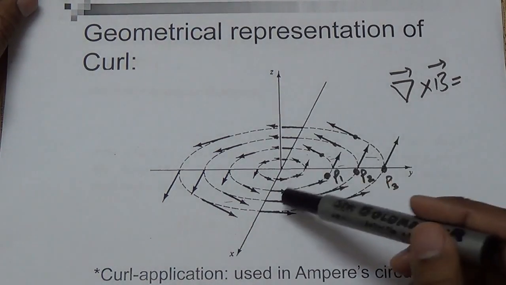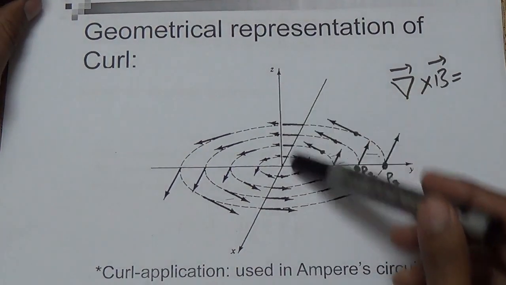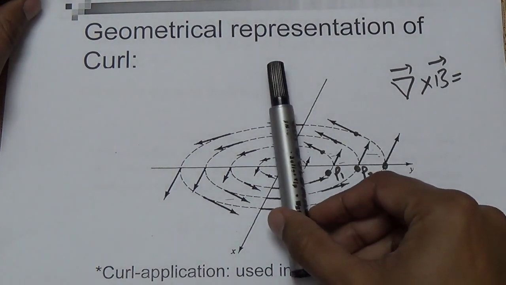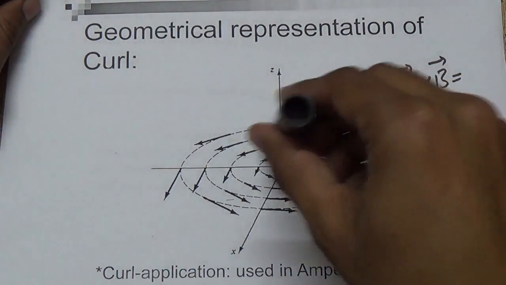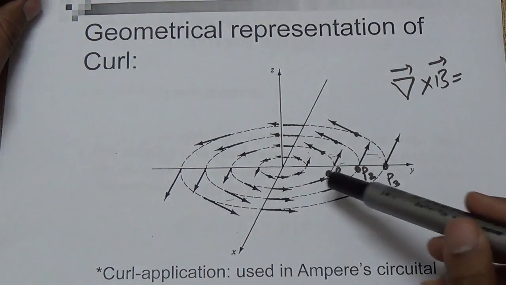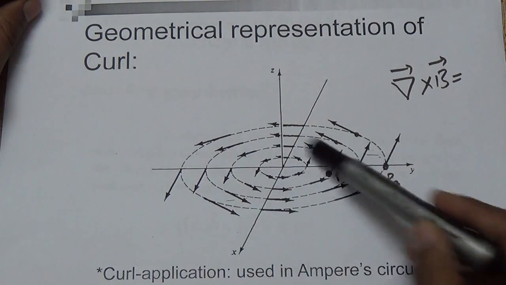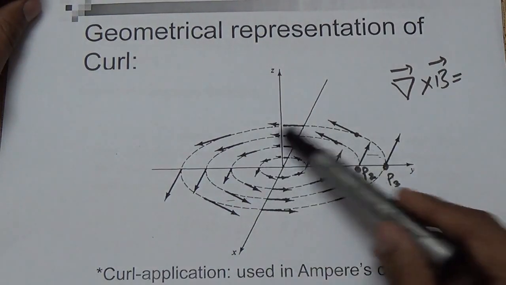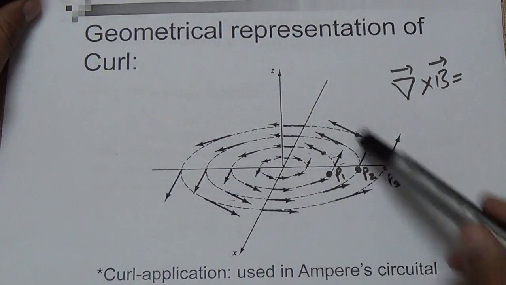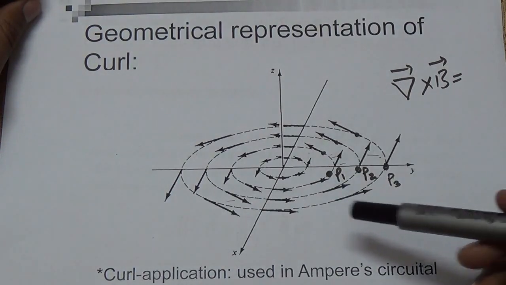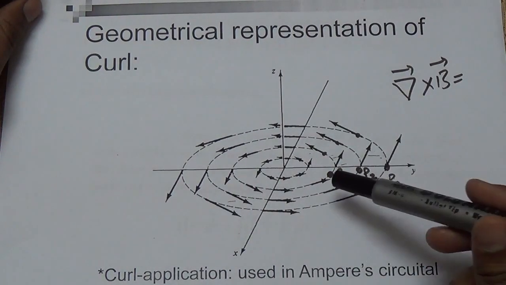In Ampere's law we have seen that if a current carrying conductor is along the z direction, a magnetic field develops around it. That magnetic field is represented by this circle and the direction by these arrows. I have to find out the rate of this curl.